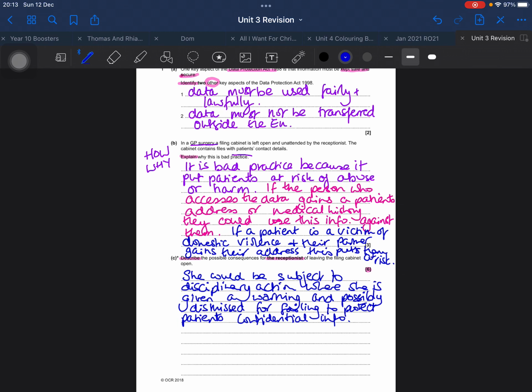So, a patient may decide to make a complaint as their right to confidentiality has been breached.